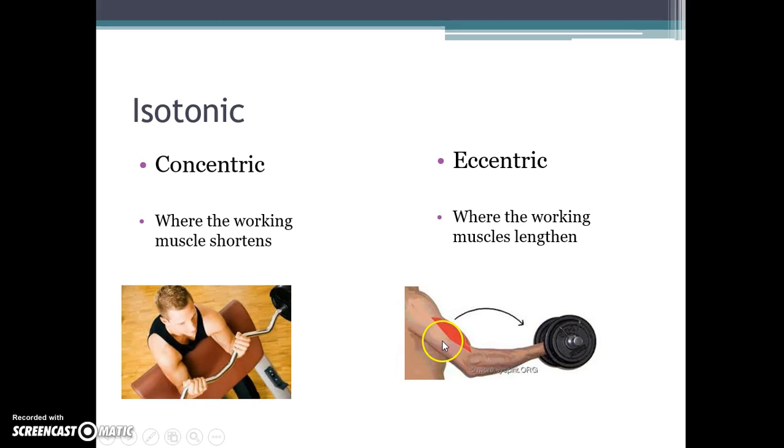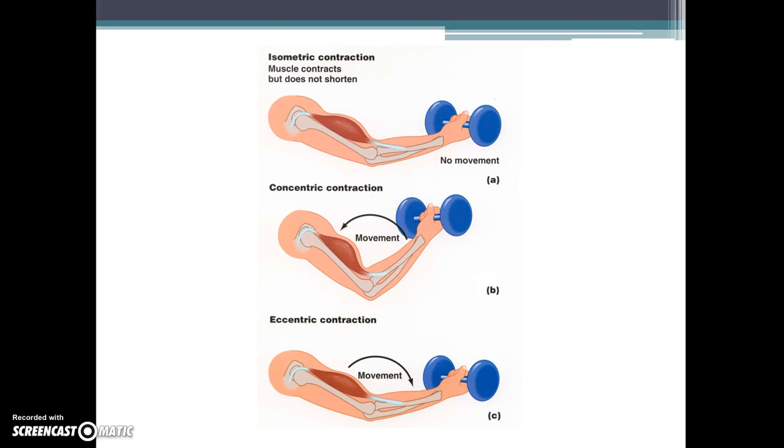On the downward phase, your tricep is pulling it down, because muscles only pull, they can't push, remember. However, your bicep is working as it's lengthening, because it has to act as a brake. If it wasn't working as the brake, the dumbbell would fall rapidly and you would get injured. Go through this picture in your own time, it shows the contractions nicely. Make sure you download the slides.